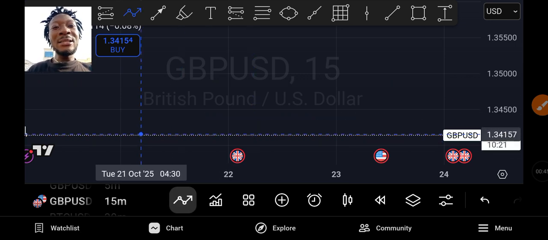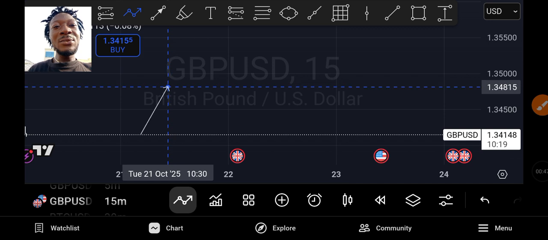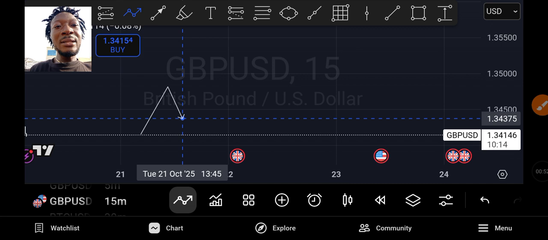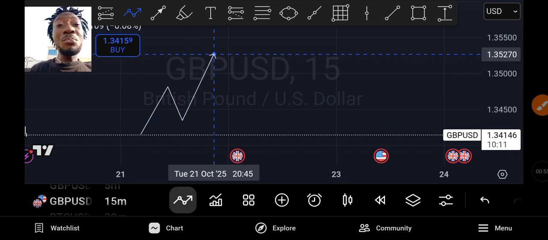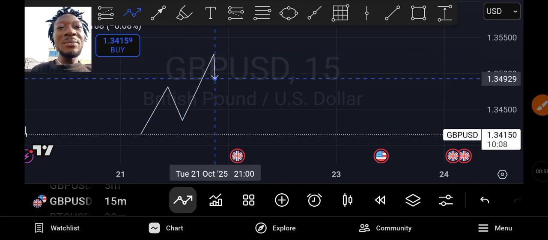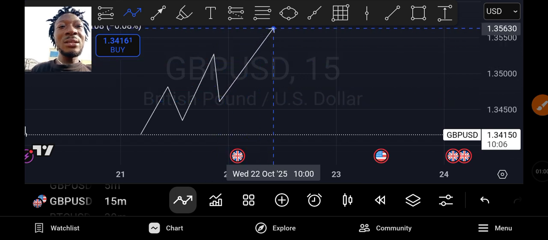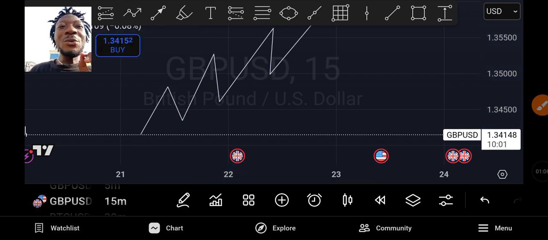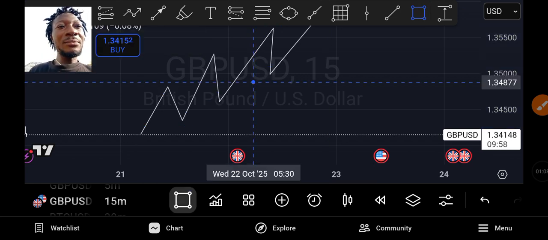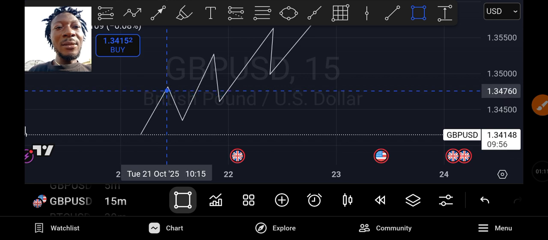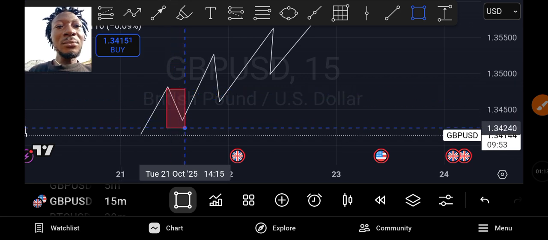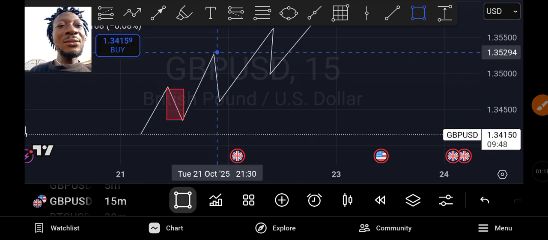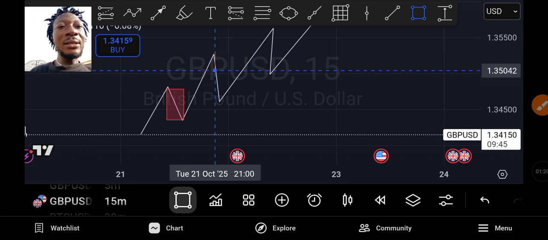I want you to understand something. When we say price is in an uptrend, you see it's going up, giving us a little move to the downside, which we call pullbacks. It gives you another swing, pulls back a little, gives you another swing, pulls back a little, gives you another swing. These little moves are exactly what give us our entries.